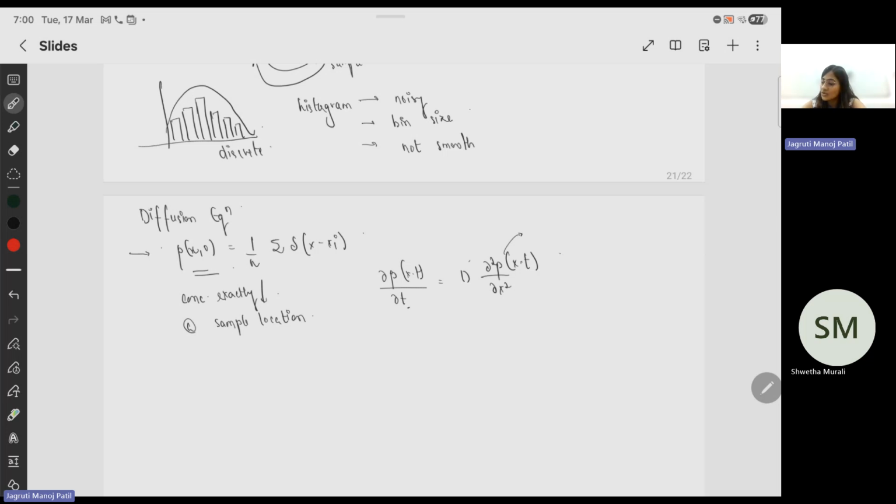Why did we originally come upon this diffusion equation? Because the solution for this, when you integrate both sides and estimate P of x comma t, comes out as a Gaussian function, a normal distribution. From what we looked at last time, it gives a radius of square root of 2Dt.